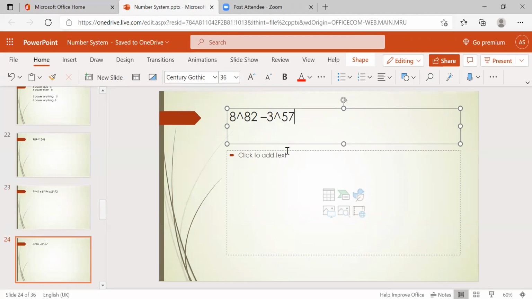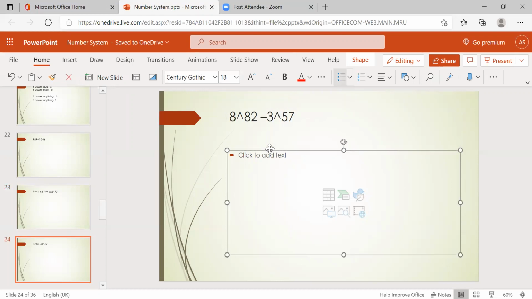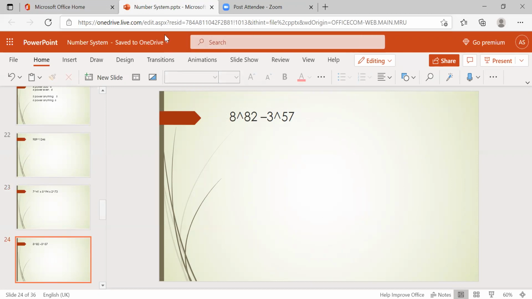Now check these numbers. How we are going to do this? So 8 power 82. Right. Now what's the power cycle of 8? It is 4. 4 multiplication. 4 into 20 is 80, right? What's the remainder? 2. So directly you can get 8 power 2 and minus 3 power 57.